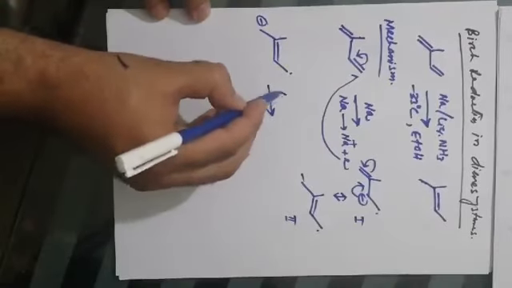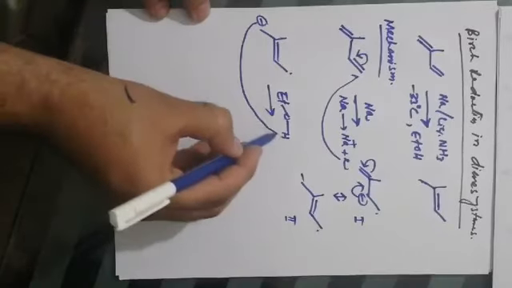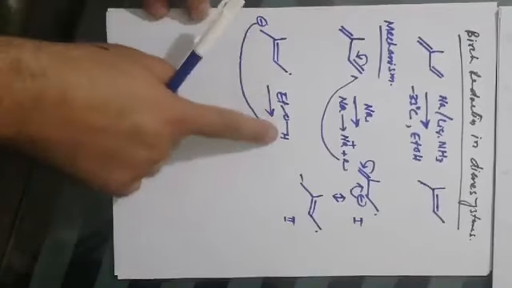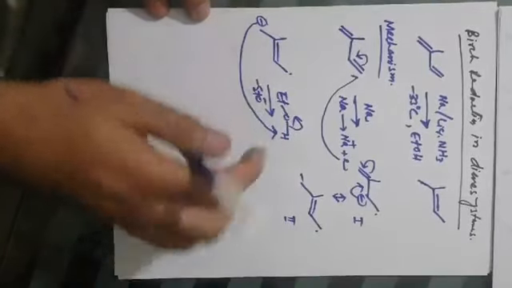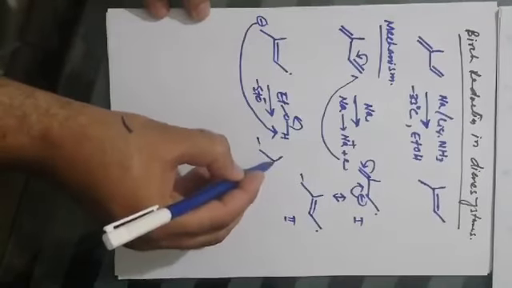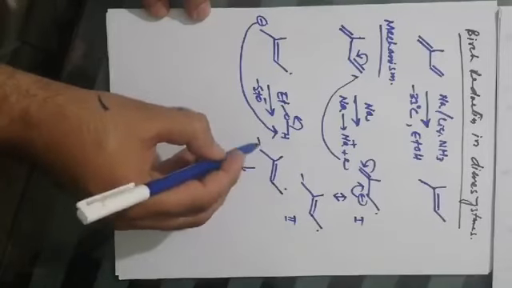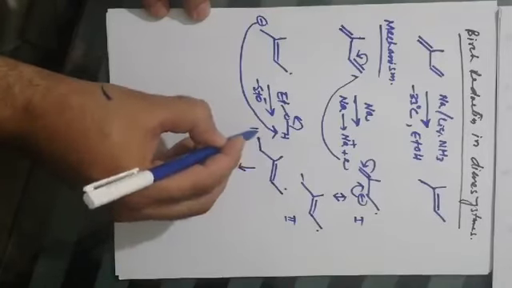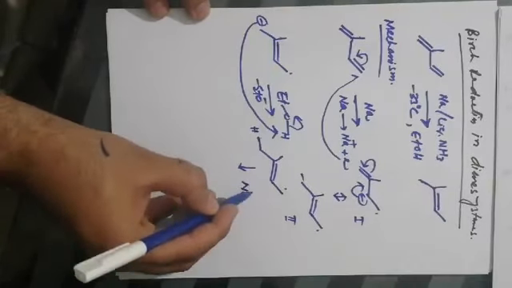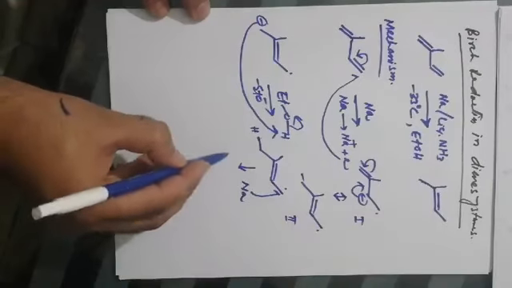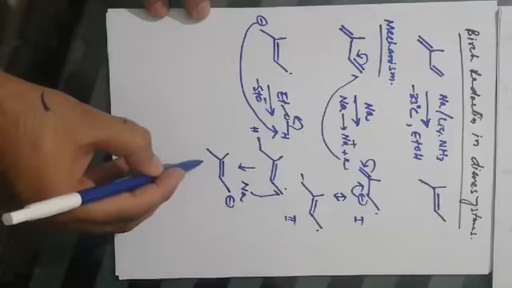What happens next? The abstraction of hydrogen. The carbanion will abstract hydrogen, ethoxide leaves, and it is changed into this one. What will happen next? Here now we have hydrogen. What will happen next? Another single electron will be transferred. It will get negative charge.